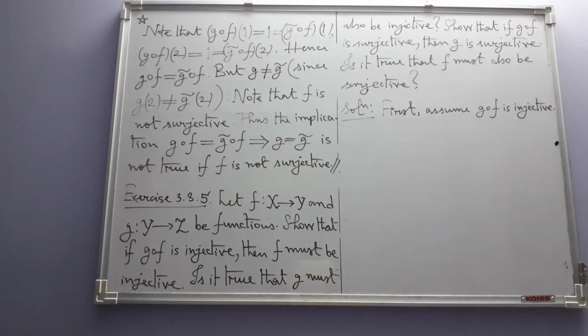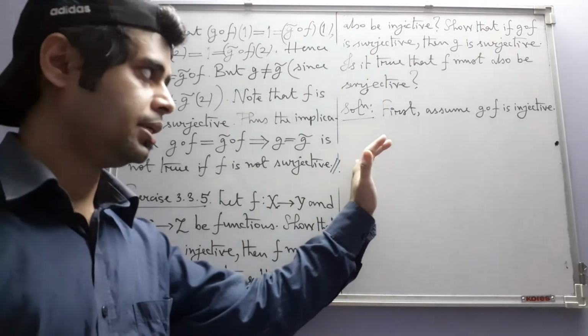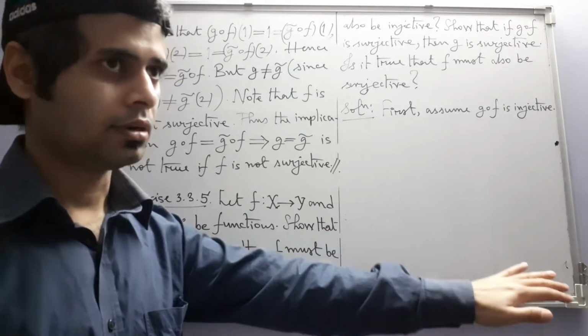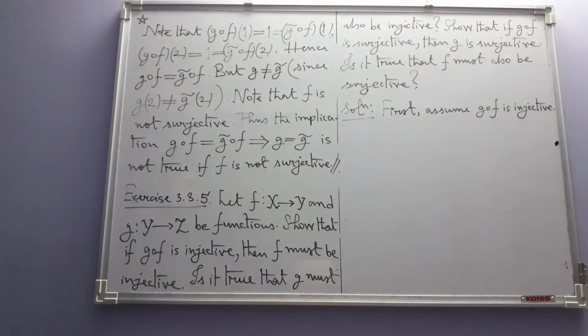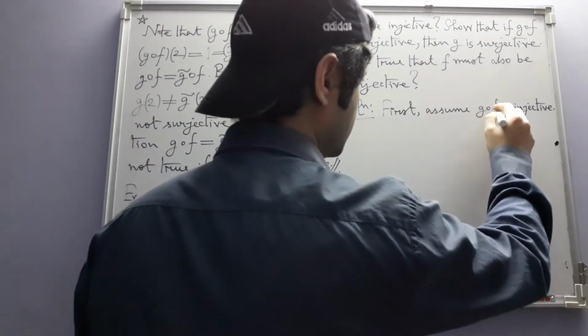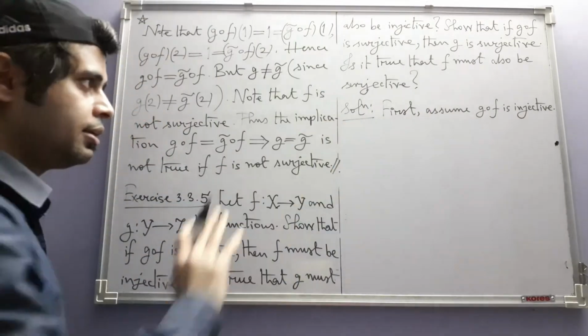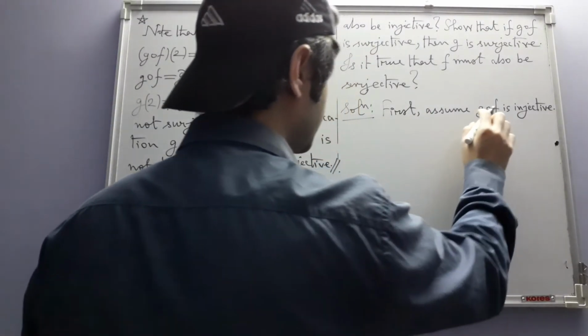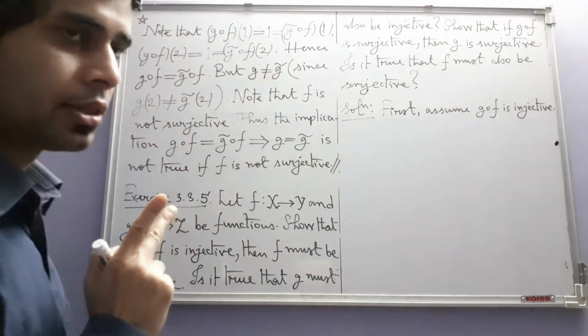To show that a function is injective, what should we do? We have to prove that if we take distinct points in the domain of the function, then the outputs should be distinct. So for that, we have to take two distinct points in the domain of f.